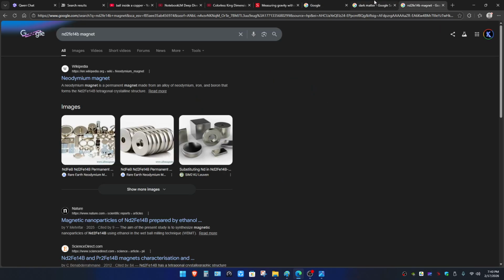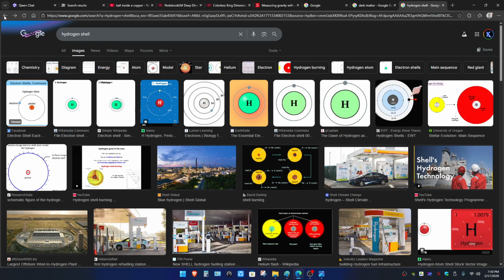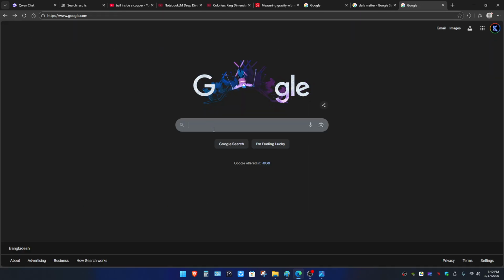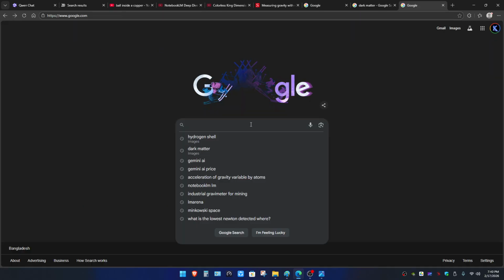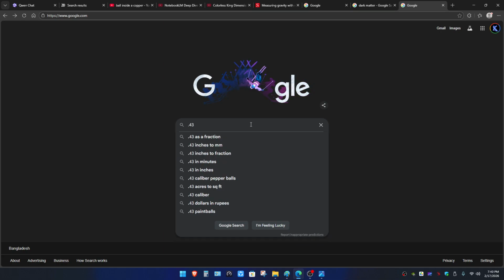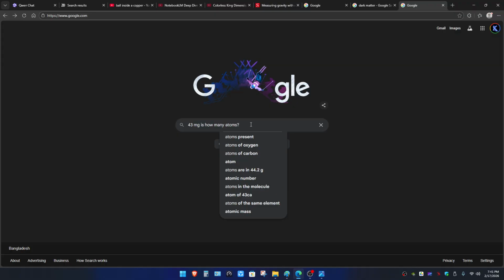So here's the thing. Neodymium magnet. So the question is, 0.43 milligram is how many atoms?